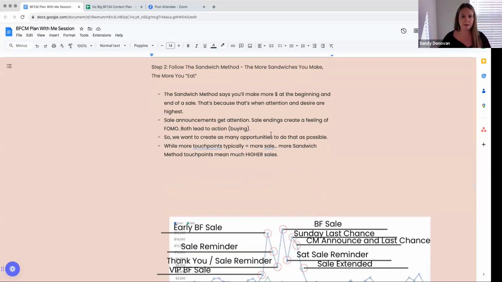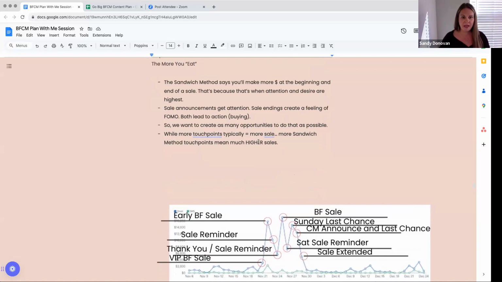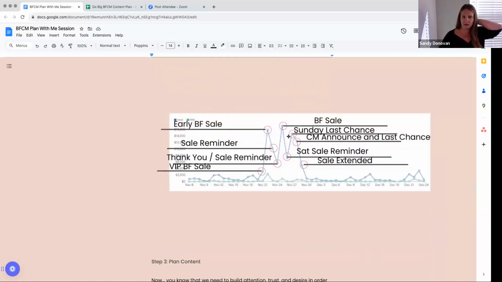That's when you see the spike. But we want to create as many sandwiches as possible as we have the resources to invest in. The more sandwiches we have, the more sales we're going to get. More we eat, the more we sell, right?